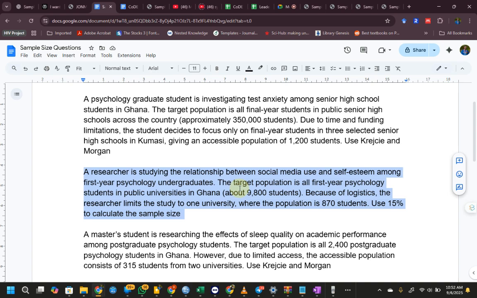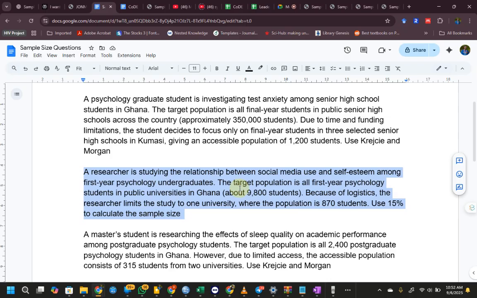So what was the sample size you got? I'm sorry, I'm wrong. I'm glad you figured it out. Now 15%, that is 15 divided by 100. That's how I should go about it. Yes, exactly.